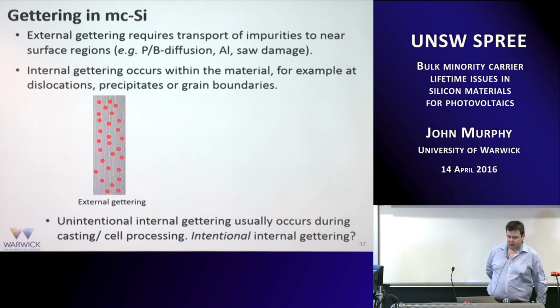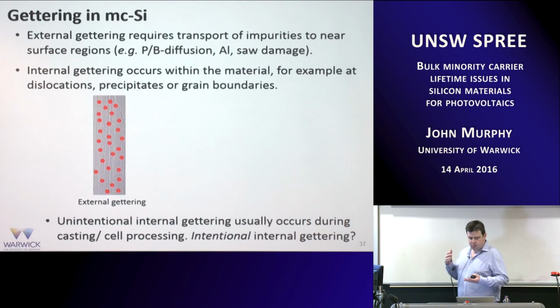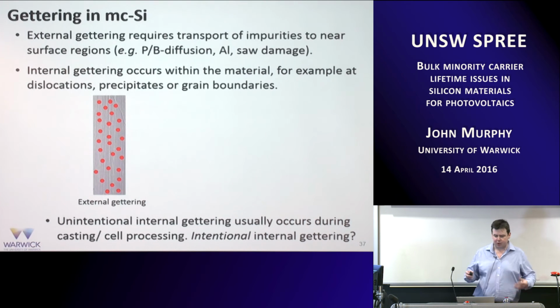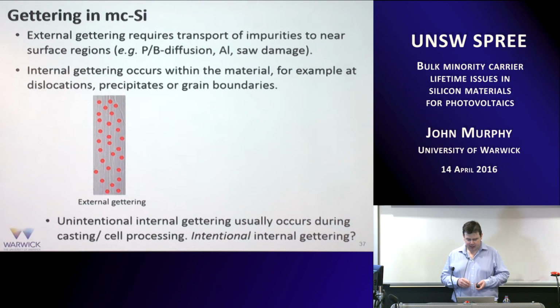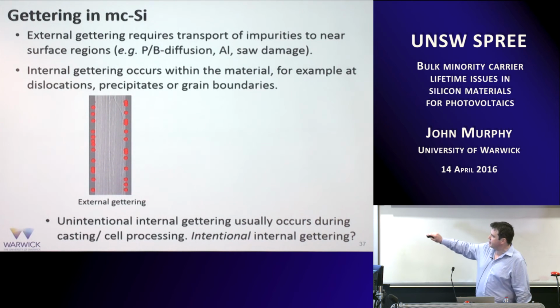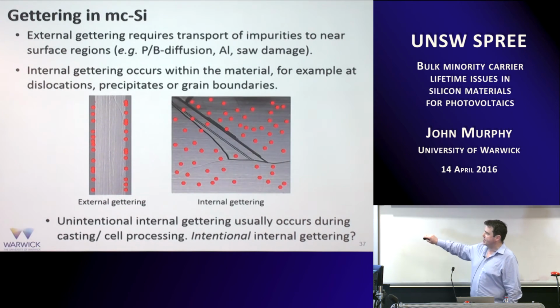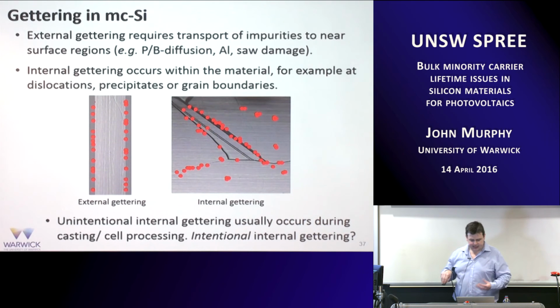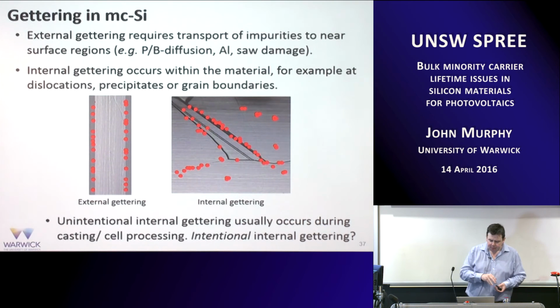And by internal gettering, we mean moving impurities to regions within the material, such as dislocations or precipitates or grain boundaries, and tying them up there. So what we're trying to do is, rather than externally getter the metal impurities, we're trying to internally getter them. So we process the material to get the impurities to cluster in some way, we don't really know where, and get the overall lifetime to increase.